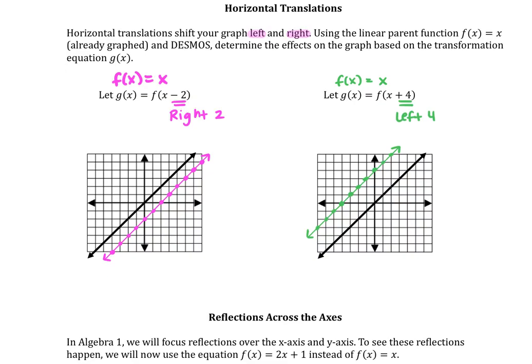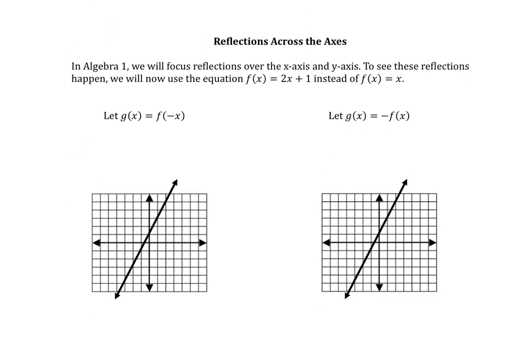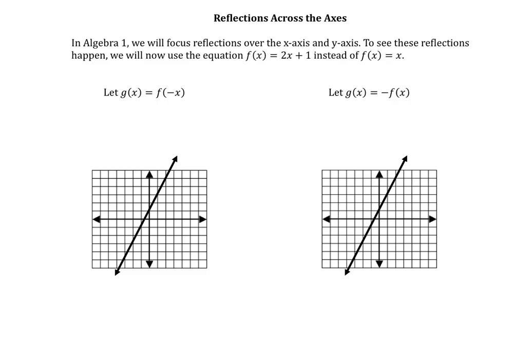All right, the next type of transformation we're going to talk about are reflections. And remember, reflections typically happen across an x or y axis. So we have to be able to distinguish when is it across the x and when is it across the y. So for these, it's a little bit harder to see these reflections if I use f of x equals x.